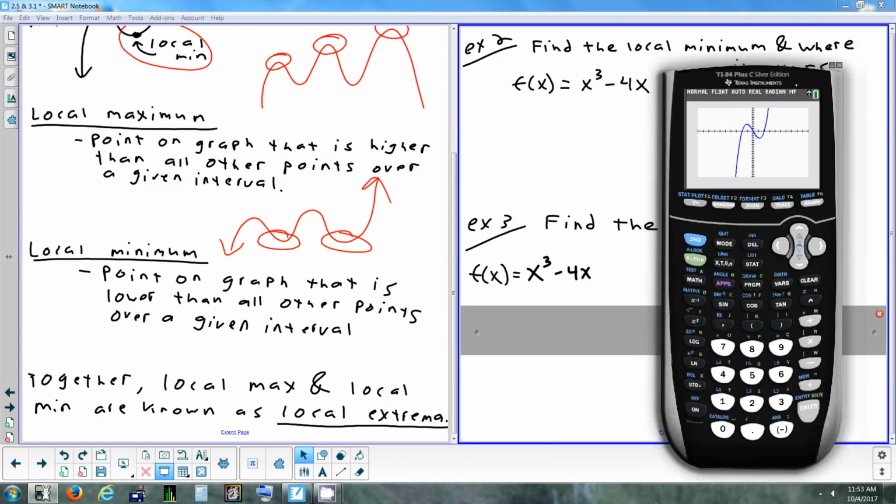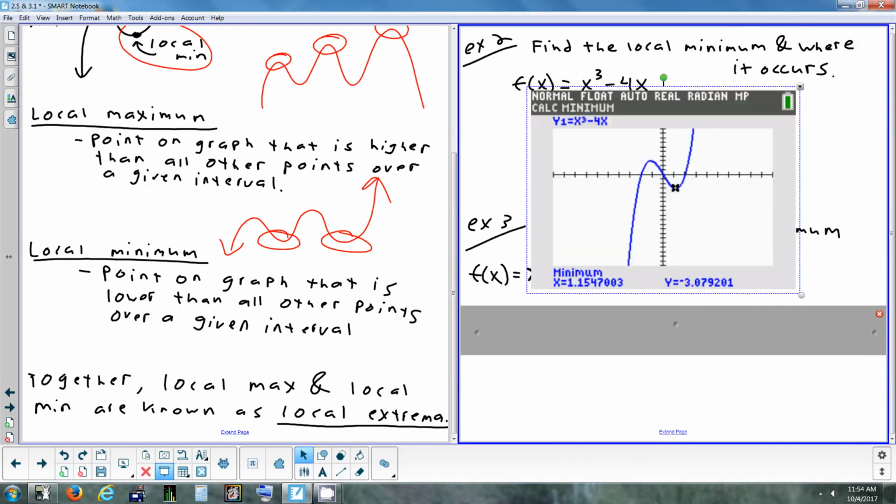Second calc, minimum. Okay, pick a point left, right. Let me make it bigger. Where is the minimum? At what value does the minimum occur? That's what the minimum is. 1.15 is where it occurs.